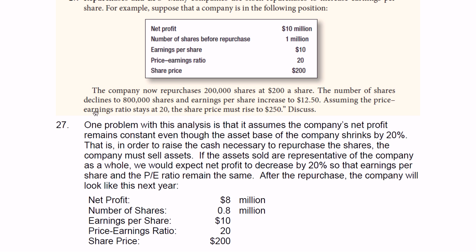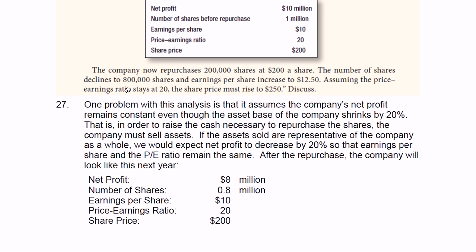The number of shares declines to 800,000 shares, and earnings per share increases to $12.5. Assuming the price earnings ratio stays at 20, the share price must rise to $250.